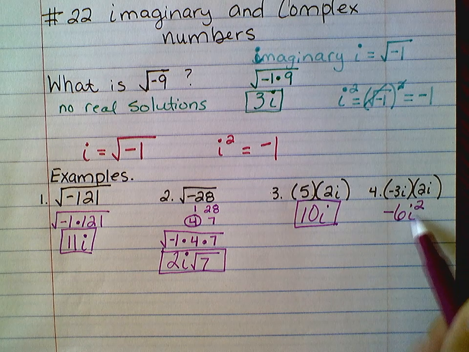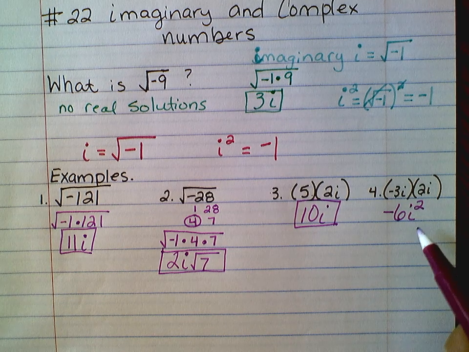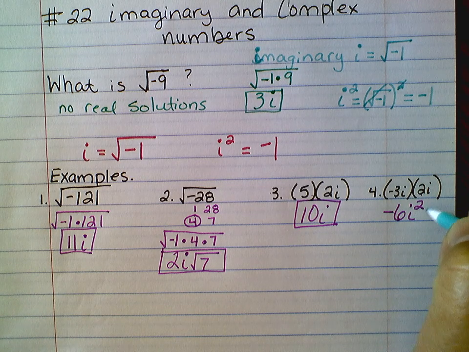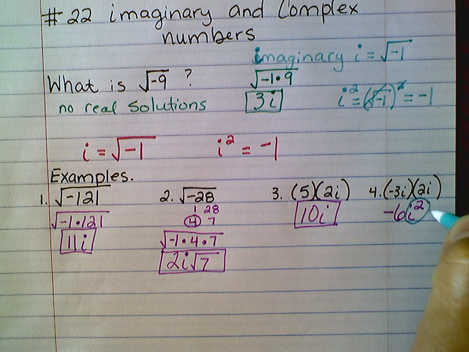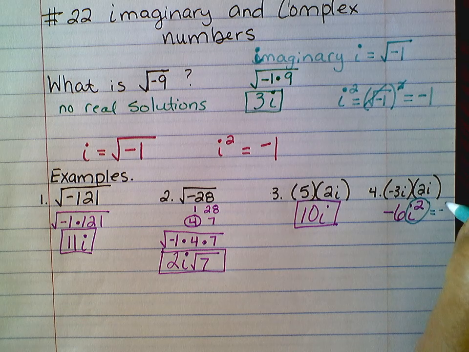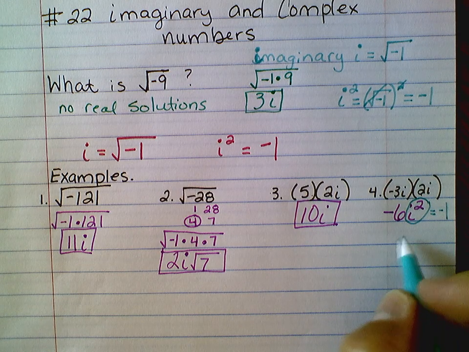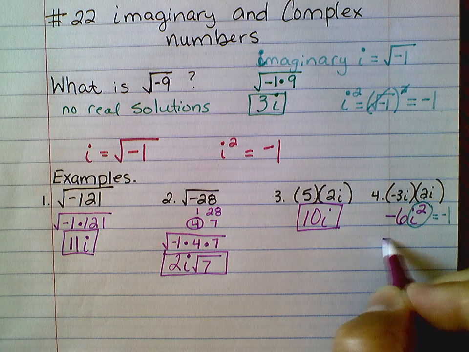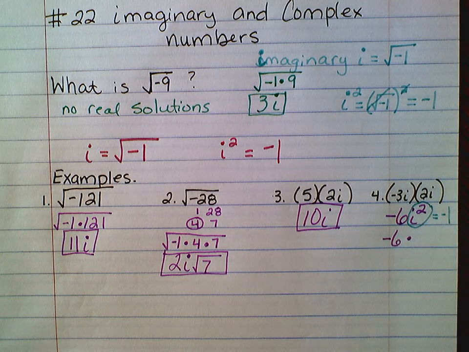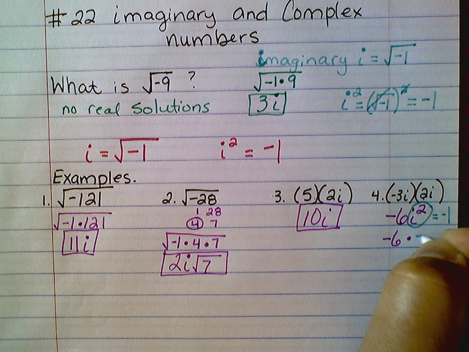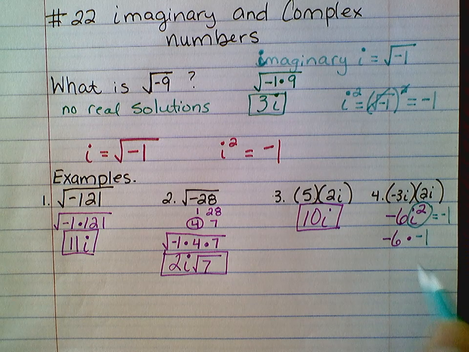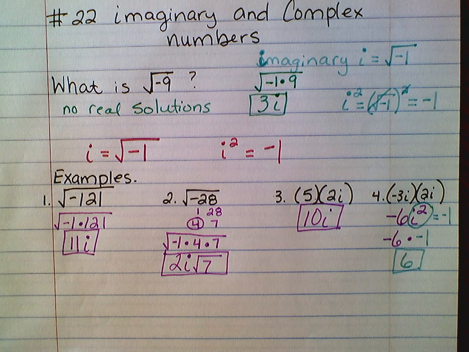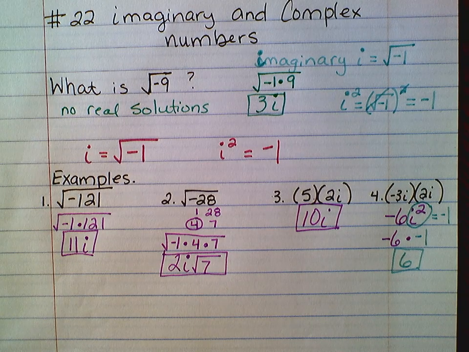If this was a regular variable like x, I would be finished. But because I know that i squared is equal to -1, I have to keep going. So I have -6 times that -1, and -6 times -1 is +6. So that's my answer when I simplify that.